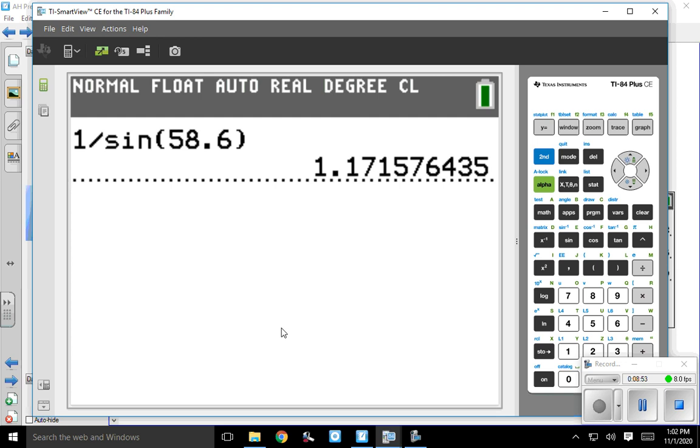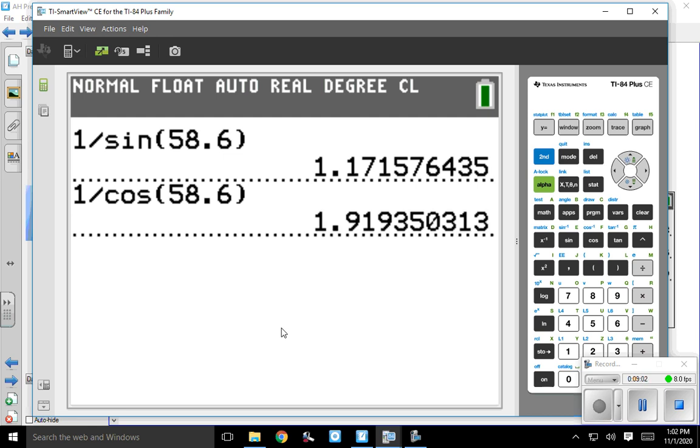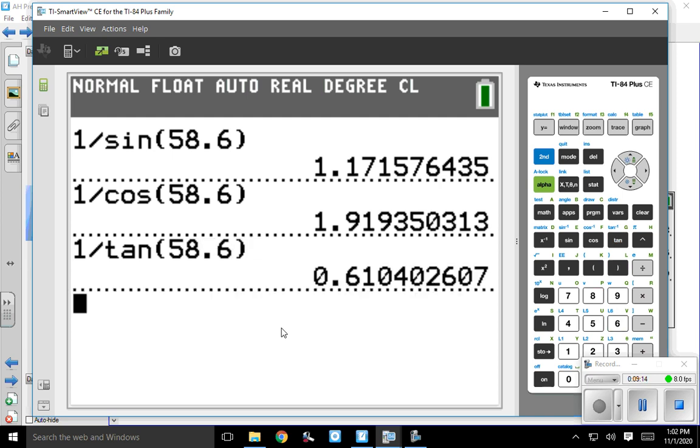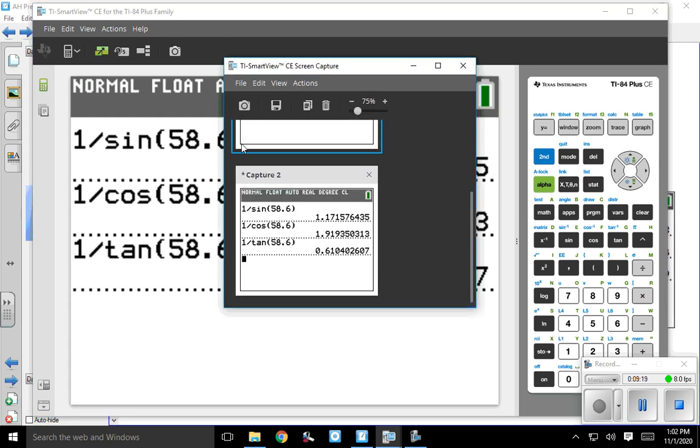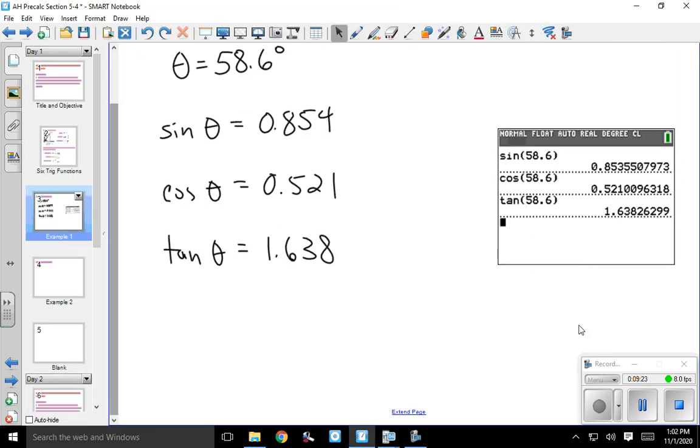Secant is the reciprocal of cosine, so 1 divided by the cosine of 58.6 will give me the secant of 58.6 degrees. And finally, for cotangent, cotangent's the reciprocal of tangent. So if I take 1 over the tangent of 58.6, that gives me the cotangent of 58.6 degrees. Let me grab a snapshot of that. And we'll paste it onto our slide here.